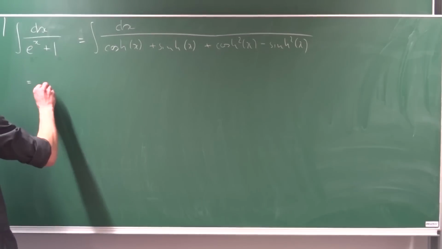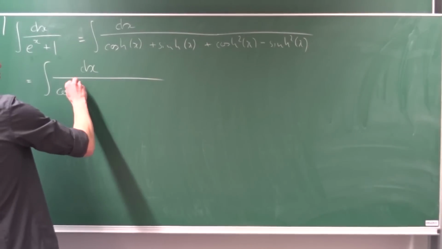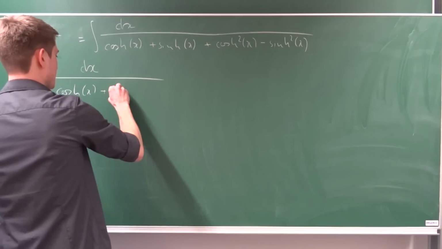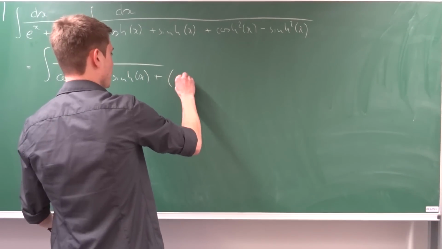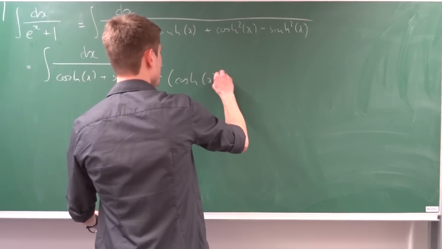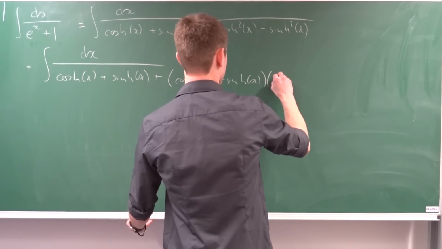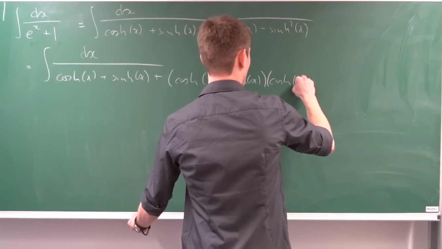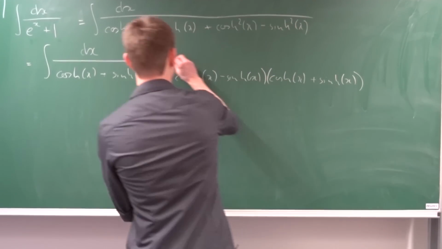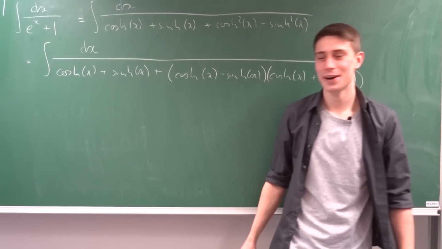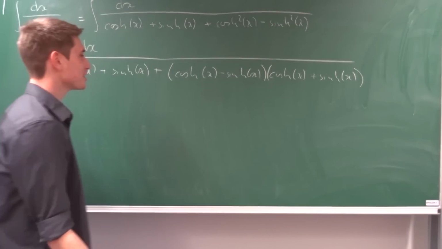So we can rewrite this as the integral dx over cosh of x plus sinh of x, and then positive, the first part is cosh of x minus sinh of x, and then times cosh of x plus sinh of x. I've never seen such a long denominator in my life before, mate.